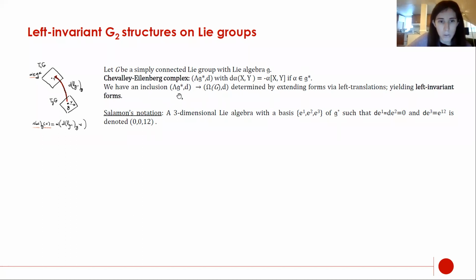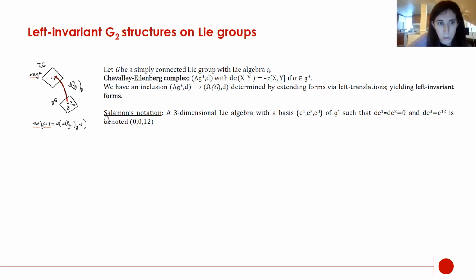So we have an inclusion from this Chevalley-Eilenberg complex to forms on the Lie group G, because one can extend forms on the Lie algebra to the whole Lie group using left translations, as this picture shows.